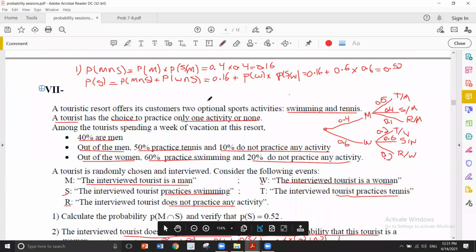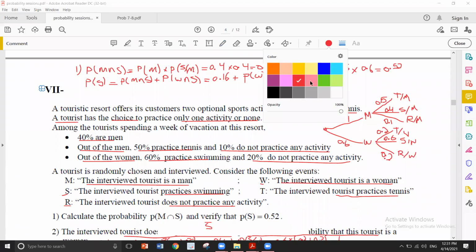So, let's find the values of X first. What are the values of X? Here is a man. If he is a man and practices tennis, how much will he pay if we move on the first branch here?